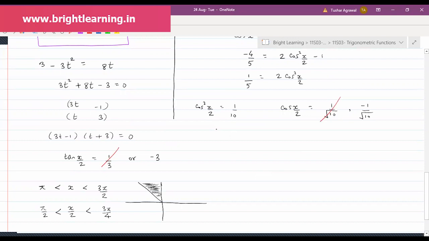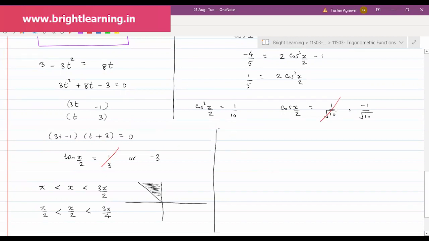How to get sine of x by 2? Again, from this method only. Cos x is equal to 1 minus 2 sine square x by 2. Cos x we got to be equal to minus 4 upon 5, which is equal to 1 minus 2 sine square x by 2.